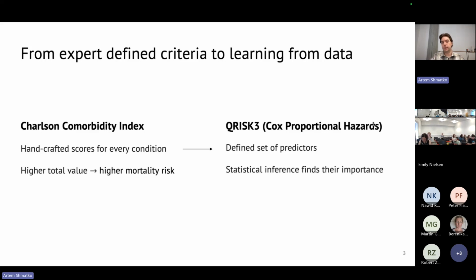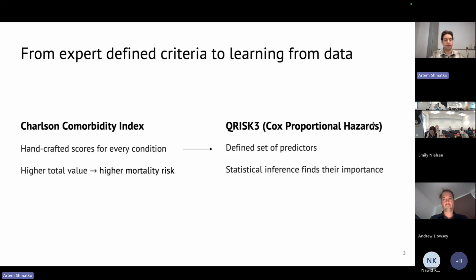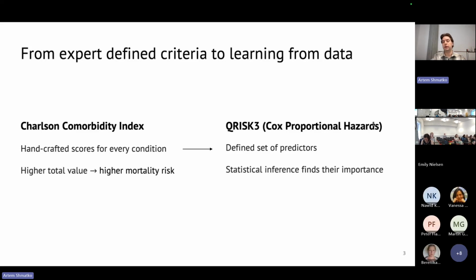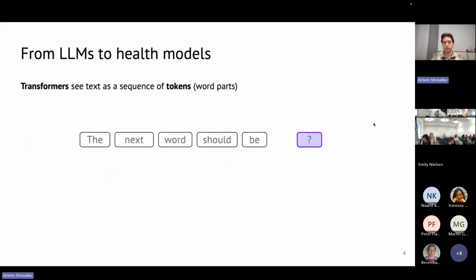So you only need to define a set of predictors, confounders, and then during statistical inference, the algorithm would find the relative importance and optimize the model for the best performance. These models are very powerful, and they're used every day in medical practice right now.